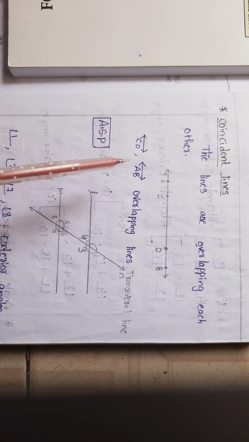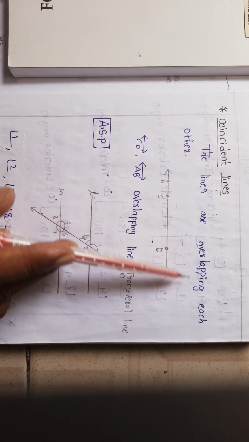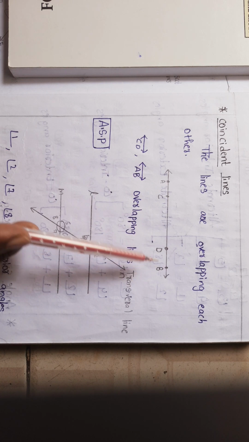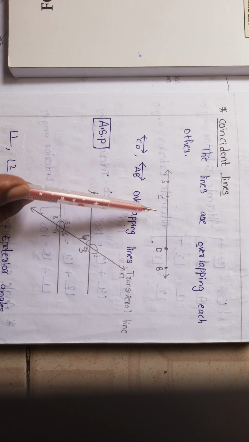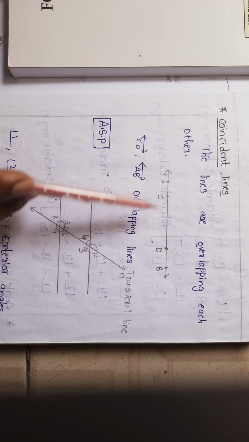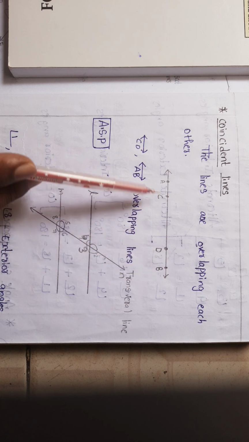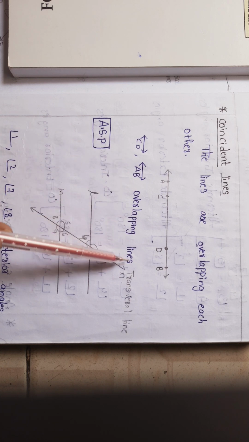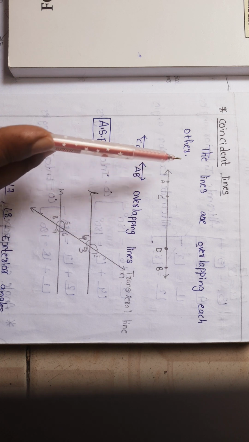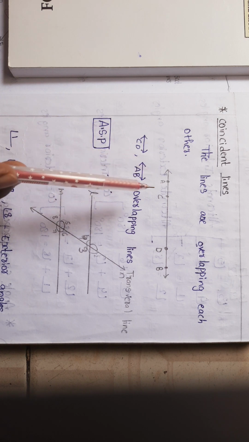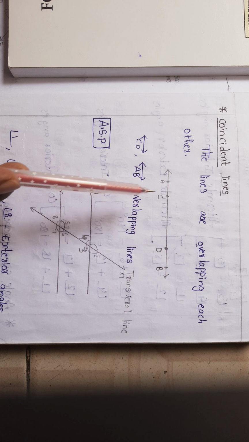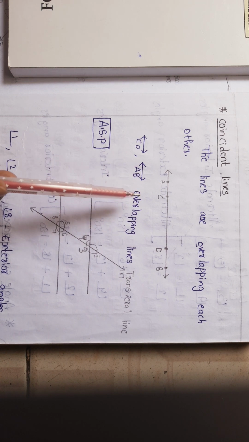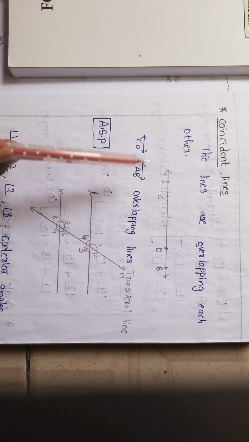Coincident lines. The lines are overlapping each other. This means AB is one line, and CD is overlapping on AB. CD and AB lines overlapping each other are called coincident lines. Coincident lines, parallel lines, and intersecting lines concepts come in 10th standard, in linear equations in two variables. By that time you can understand very easily.